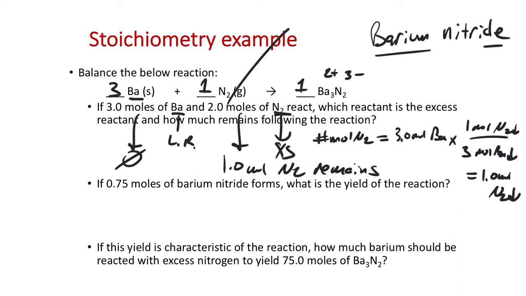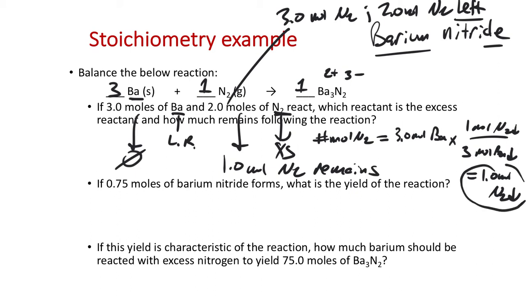If I instead had mixed 3.0 moles of N2 with the same number of barium, then of course I'd have 2 moles remaining after the reaction. I'd still have 1 mole of nitrogen consumed. The key is really making sure you see the difference between when you calculate the nitrogen that's been consumed versus the nitrogen that remains. The nitrogen that remains is the initial minus the amount that was lost. So it's the 2 moles initial minus the 1 mole consumed.